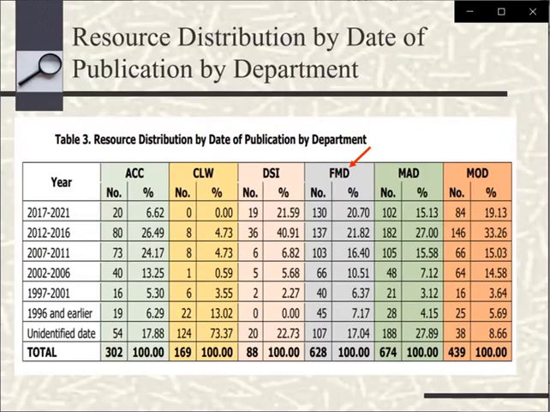There were also 16.40% resource materials used published 10 or 14 years ago, that is 2007 to 2011. However, 17.04% of the resource materials were discovered to be unidentifiable in terms of the year they were printed or published.